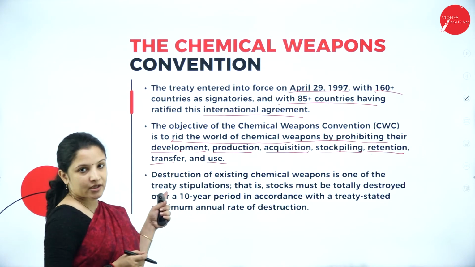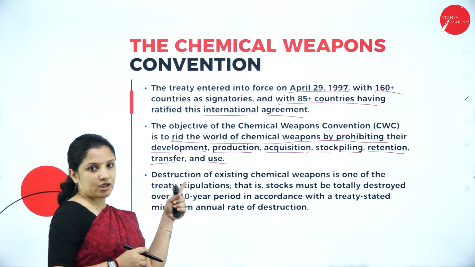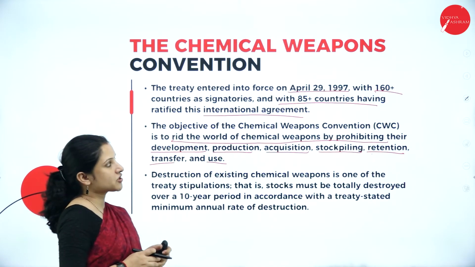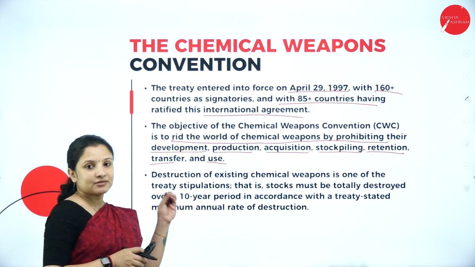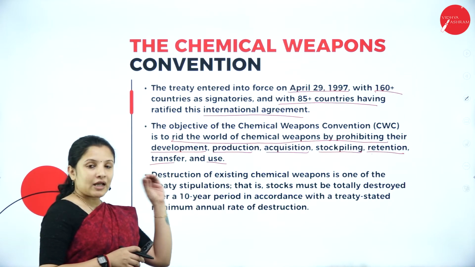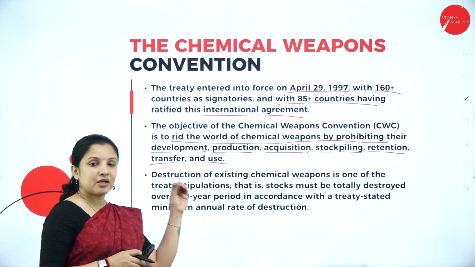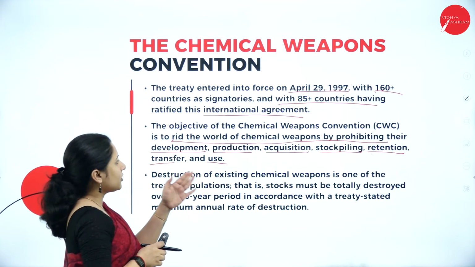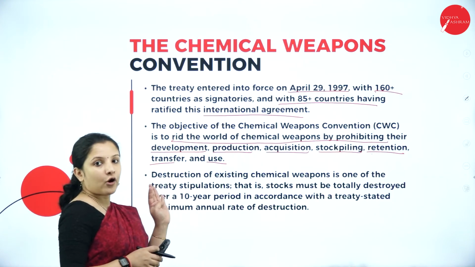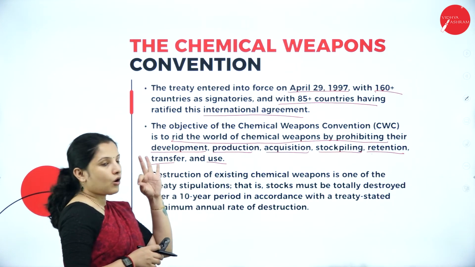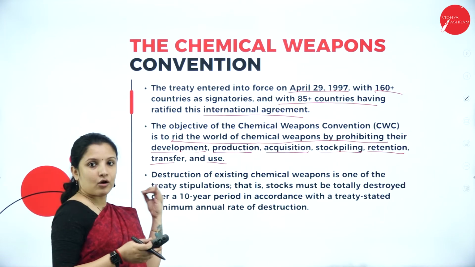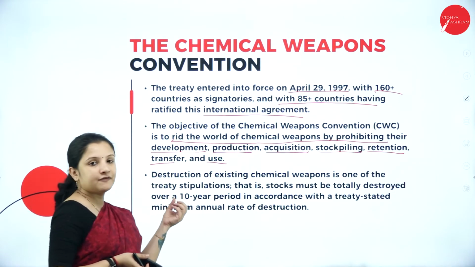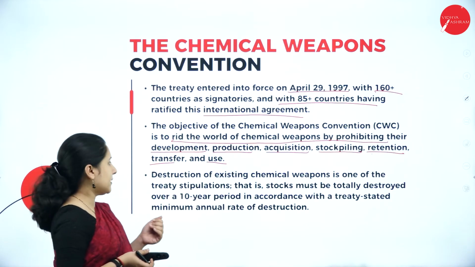So those countries who have signed the treaty or who are still following the Chemical Weapons Convention Act are supposed to take care of the chemical weapons, wherein they are supposed to prohibit the development, prohibit the production, or stop acquiring or stocking or retention or transfer and use of chemical weapons.